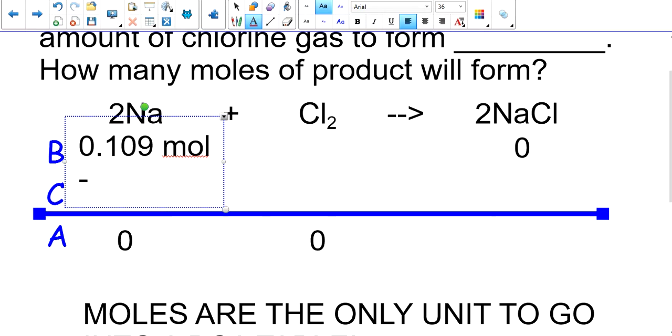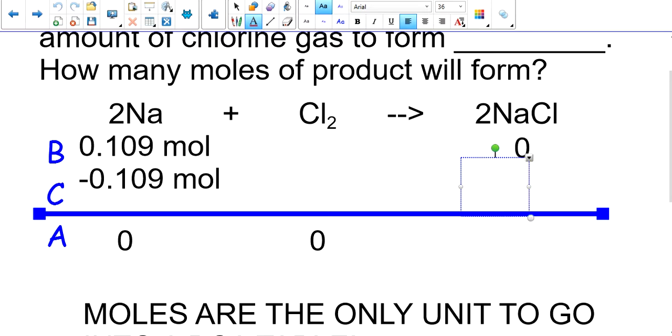So the change I know is minus 0.109 if I'm going to have none left over. It wants to know how many moles of product. Well, I can leave the chlorine blank because it doesn't really matter. But over here, the product is what I really want to know. And once I have something on the change line, I've been telling you this and telling you this, I can fill out the rest of these if I want to. But let's just fill out the product because that's what it's asking for. So what's the ratio of my sodiums to my sodium chlorides?